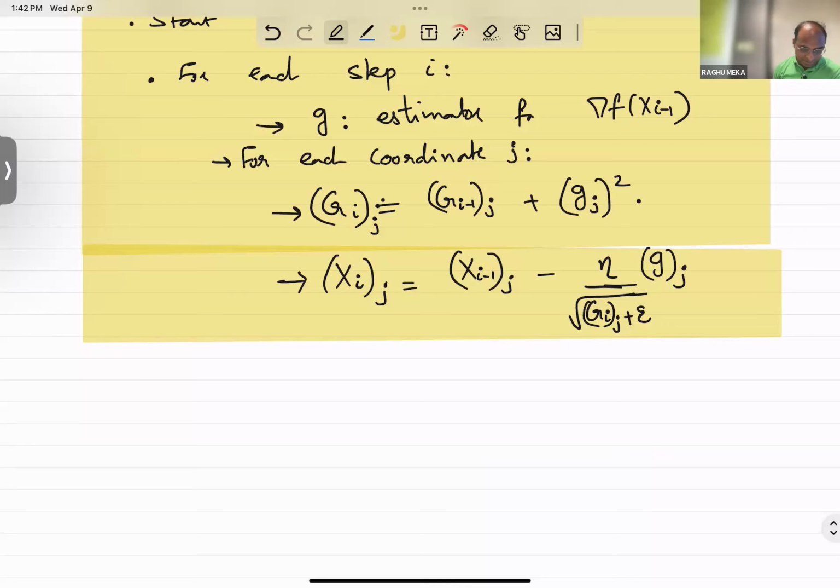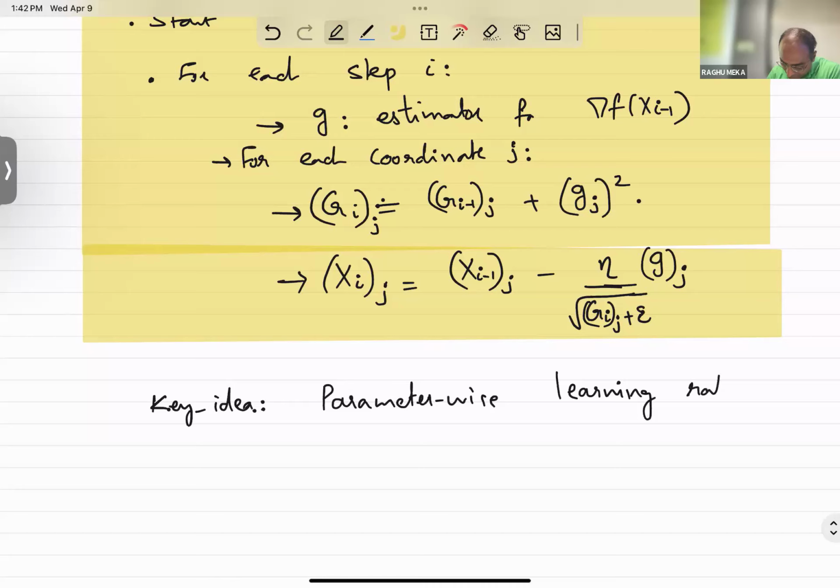All right. So this is the key idea: parameter-wise learning rates.